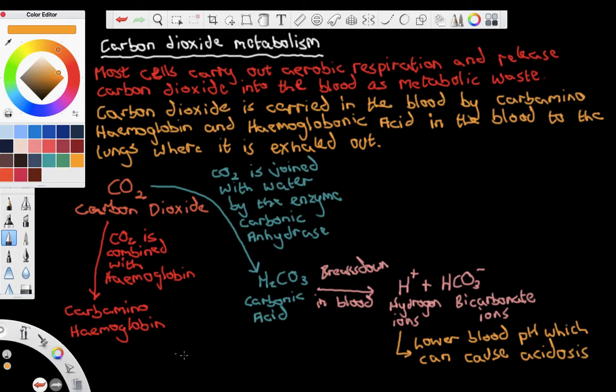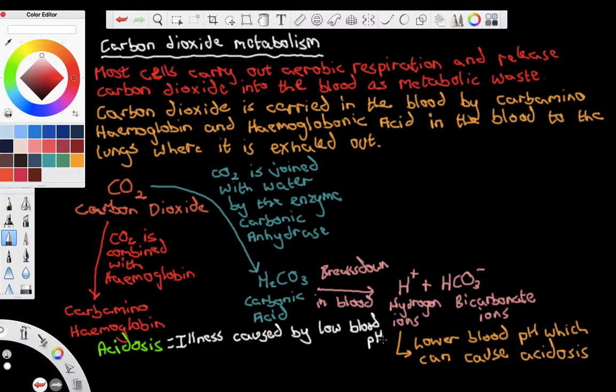Now, acidosis is a key word. Acidosis is an illness caused by low blood pH, and it has the symptoms of drowsiness, breathlessness, and a rapid heart rate.